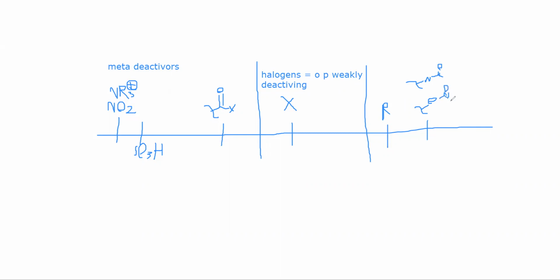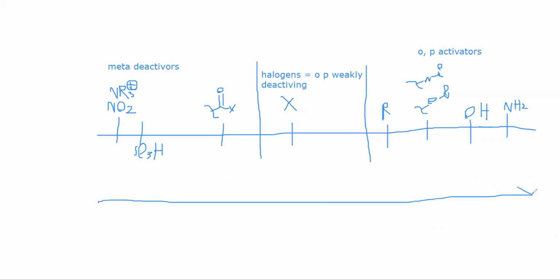Those have lone pairs that are ortho-para directing, and because of that resonance I showed with the alcohol, they're stabilizing stuff, speeding up the reaction. All of these are ortho-para, and they're activating. They make reactions go faster. So going from left to right is increasing activation strength.